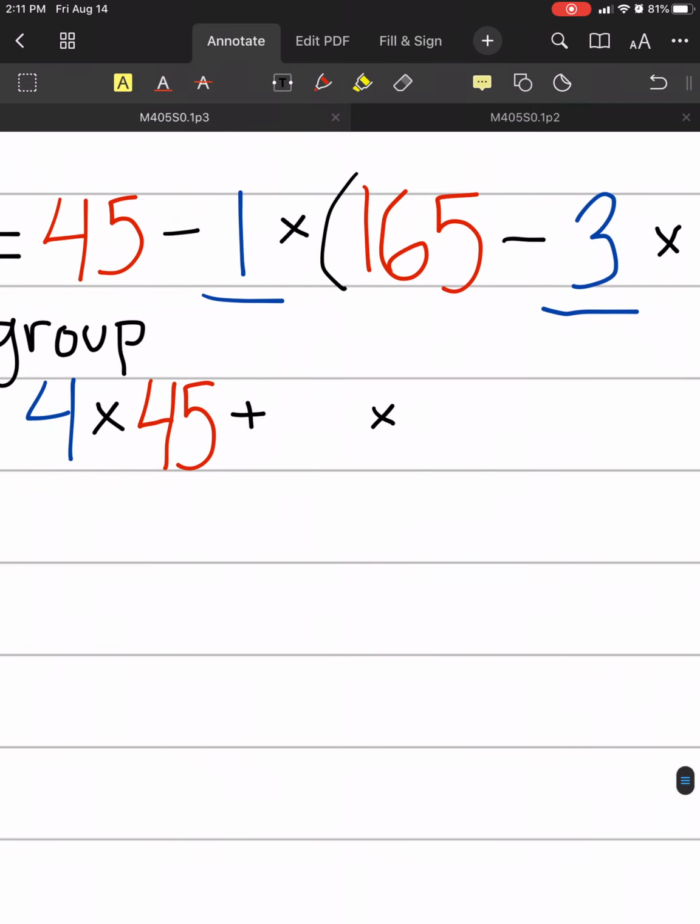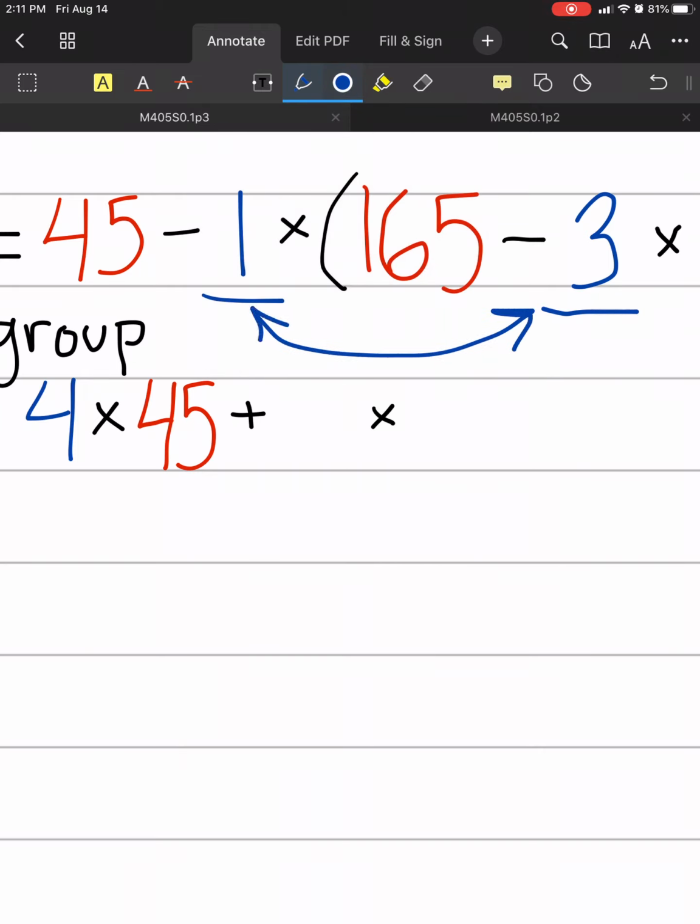So 4 times 45, so 45 minus 1 times minus 3. If we combine these, they give us plus 3. Right, multiplying negative 1 and negative 3. The minus 1 times 165 doesn't change. I've written this as a plus, so let's put that minus 1 in parentheses. And then over here, I'm going to have 165.